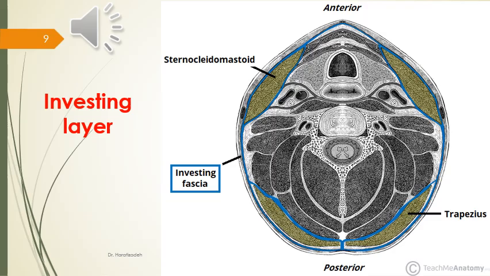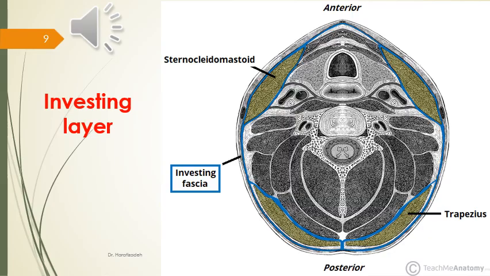In this picture, the investing layer of the deep cervical fascia is shown. It starts posteriorly from the ligamentum nuchae, or nuchal ligament, in the posterior aspect of the neck, comes forward, encloses the trapezius muscle, and then the two layers meet again.